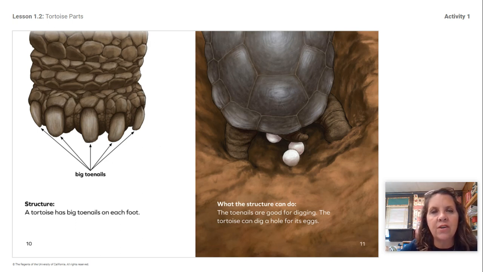Show me with your fingers. How many did you count? Very good. 5 toenails. What the structure can do. This is interesting. The toenails are good for digging. The tortoise can dig a hole for its eggs. We just learned tortoises lay eggs too. I didn't know that.